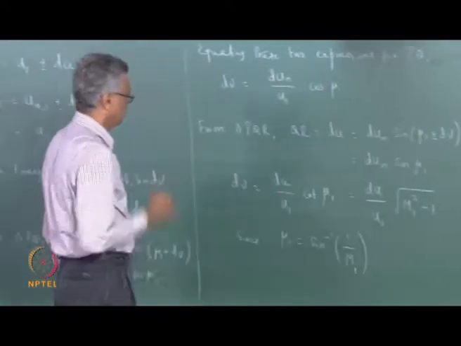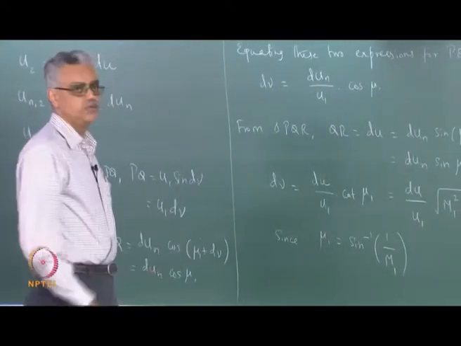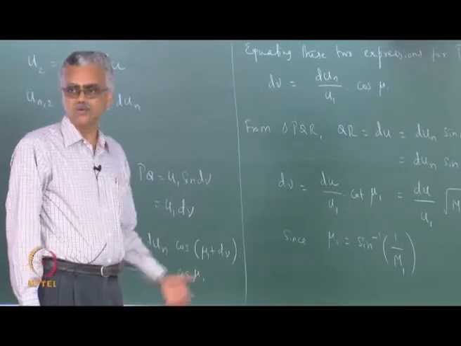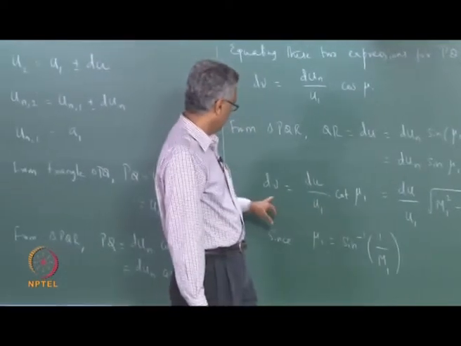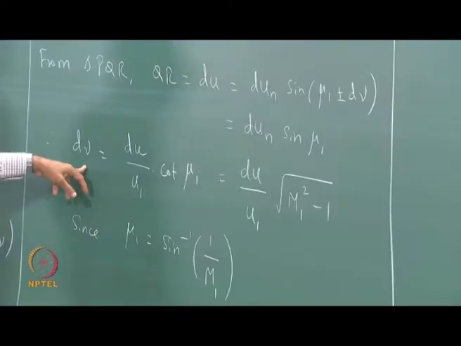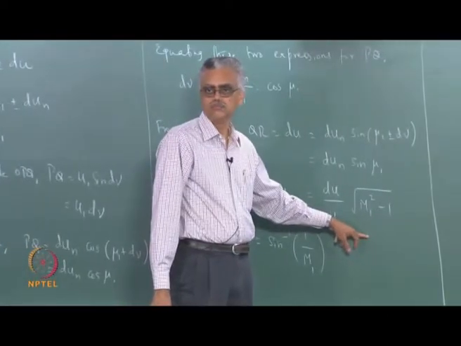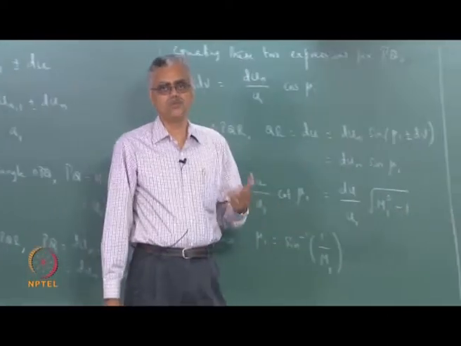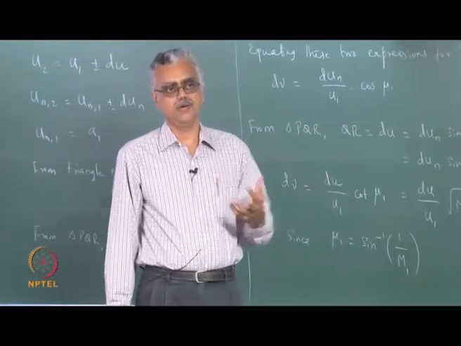What we would like to do with this expression is the same as what we tried to do earlier for Rayleigh flow, Fanno flow, normal shock and so on, even quasi one dimensional flow. The d nu is the change in the Prandtl-Meyer angle. We want to relate this to M1 alone. For the oblique shock, we said that theta, beta and M are related.